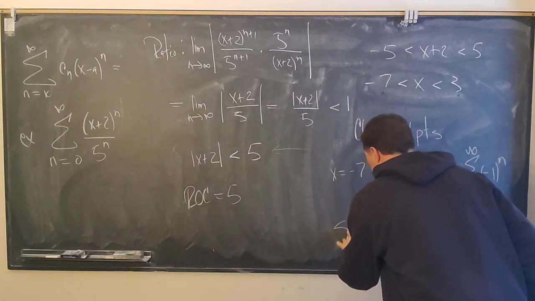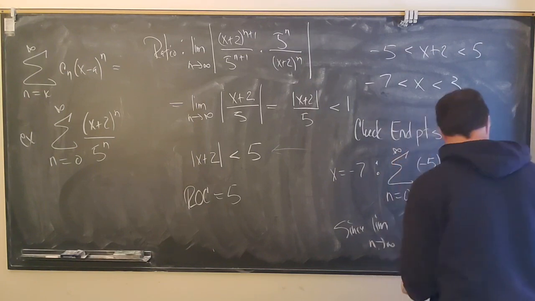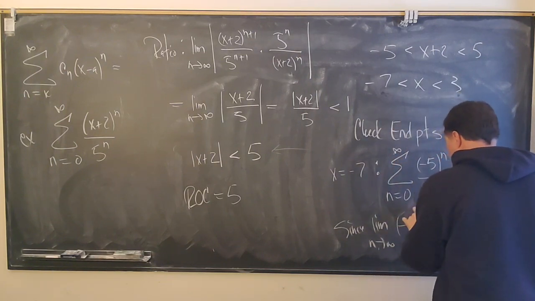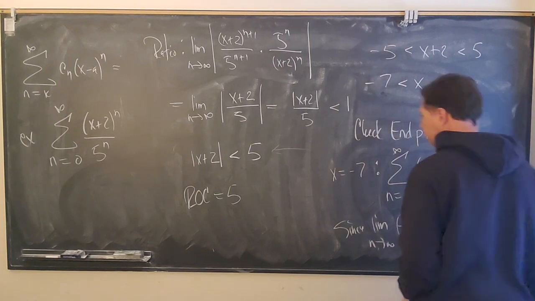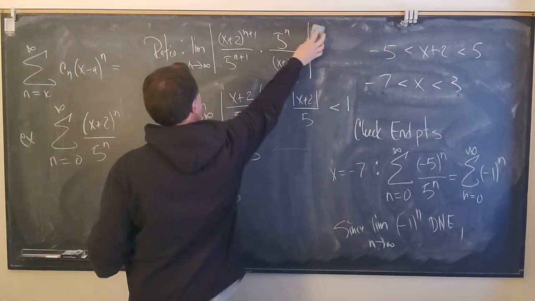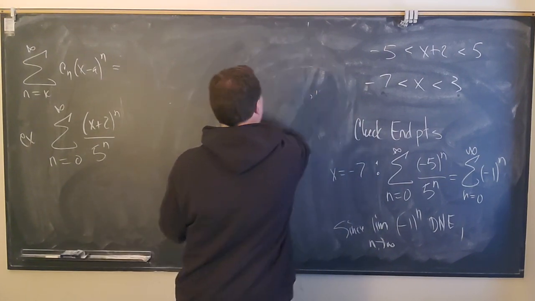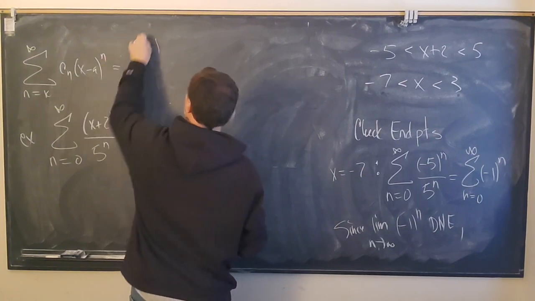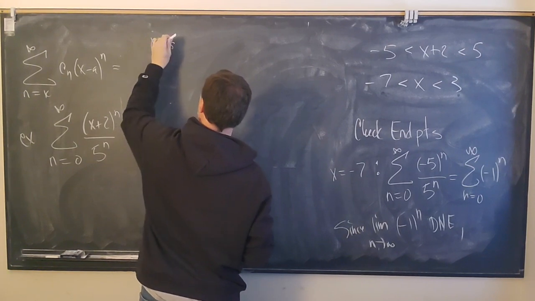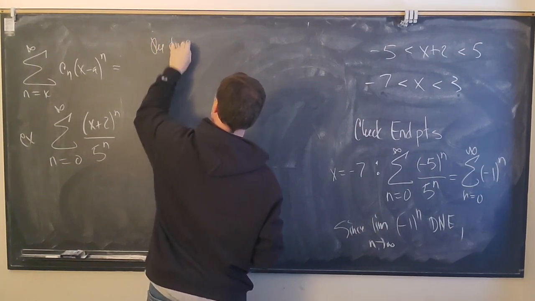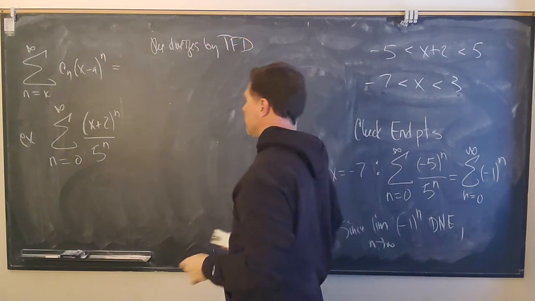Since the limit as n goes to infinity of (-1) to the n does not exist, the series diverges by the test for divergence.